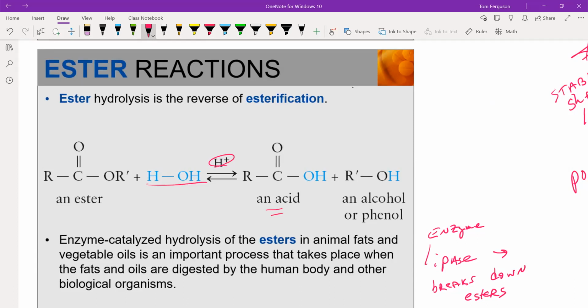So we have a fat, which is something called a triglyceride. I'm going to talk about that when we get into lipids. The triglyceride is made up of three esters. In the presence of lipase, the lipase will convert those three esters into three fatty acids plus glycerol, which is the alcohol.